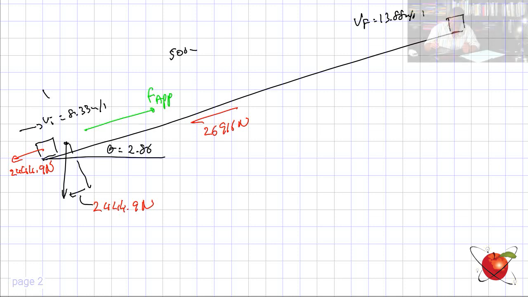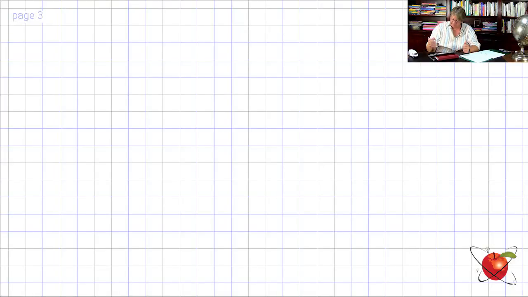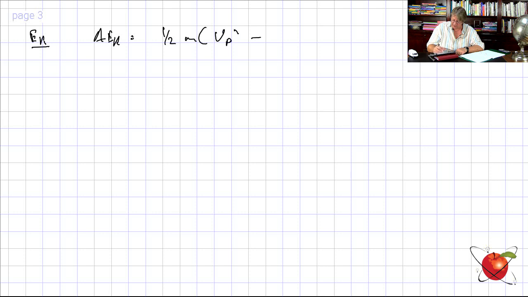Now let's start with our kinetic energy again, right? Okay, very simple. Delta Ek is going to be a half m times V final squared minus V initial squared. Where did you get that from? Guys, it's basically just a half m V final squared minus a half m V initial squared.